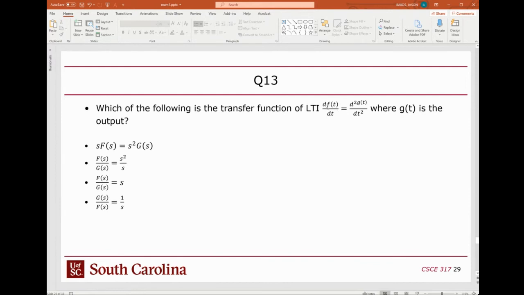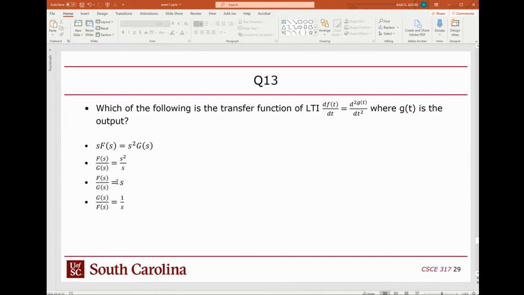For the first derivative, when you convert f of t to f of s in the Laplace domain, you have to multiply that by s. So you end up with an s on the left-hand side. And then the second derivative is multiplying g of s by s squared on the right-hand side. So then f of s over g of s is s squared over s, or just s.